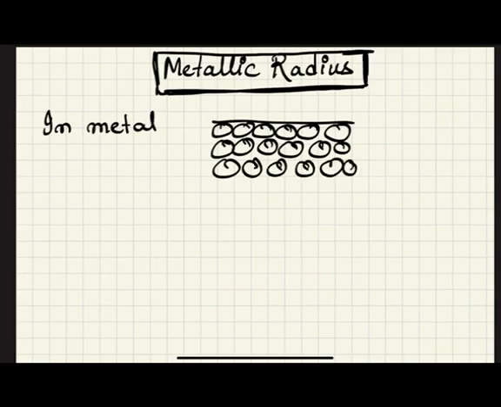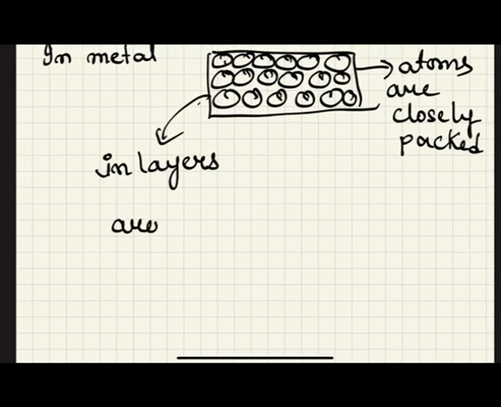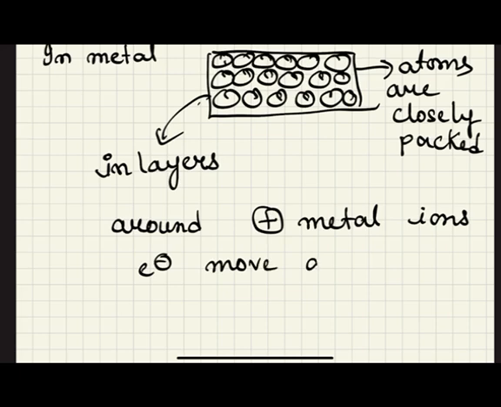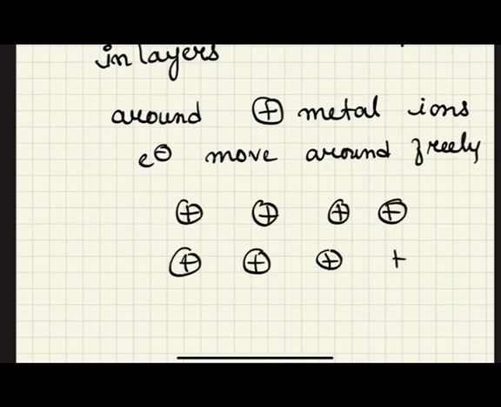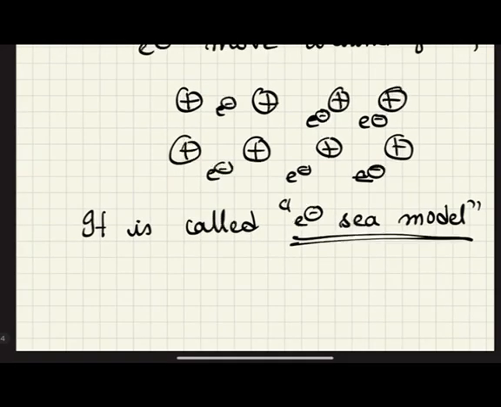Metallic radius. In metals, atoms are closely packed in layers around positive metal ions. Electrons move freely. It is called the electron sea model.